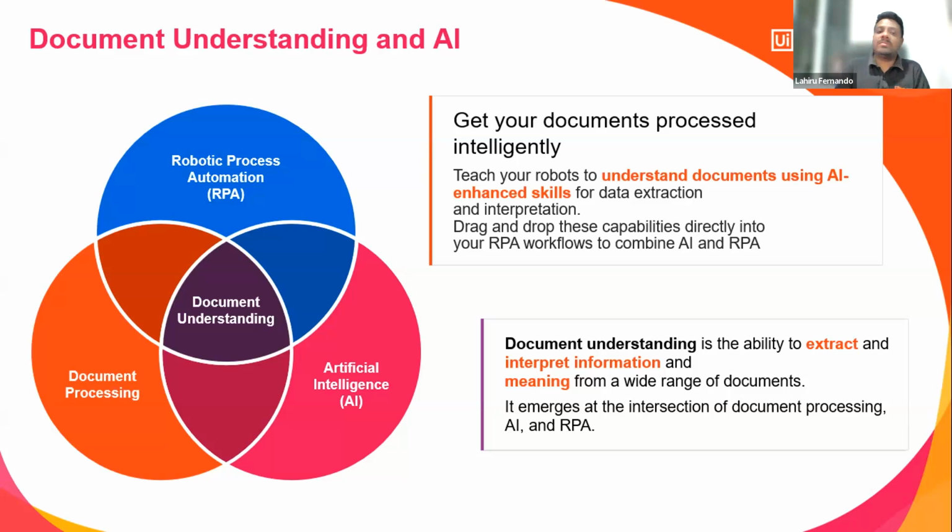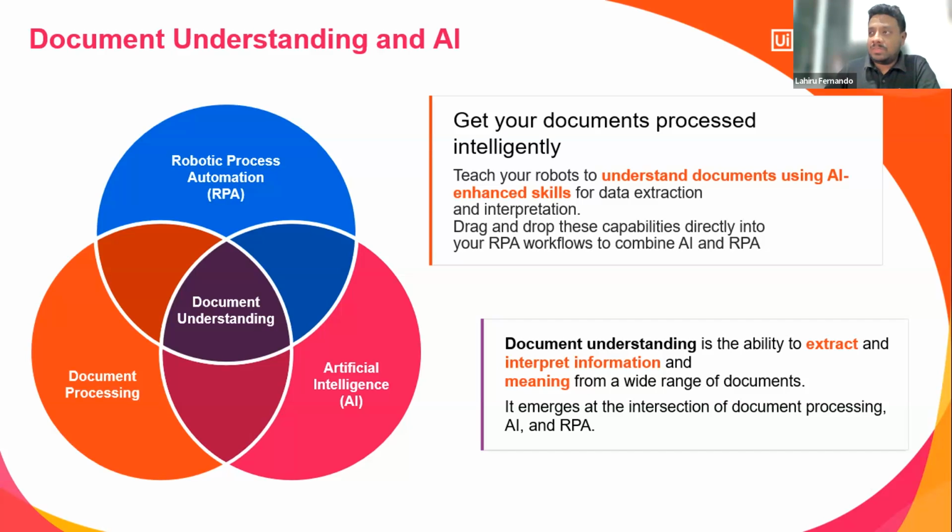So it's a combination of all these things where you can help tell the robots, or teach the robot, that these are the documents that we are going to process, and this is how you need to extract, classify, and do all those things. So mainly the role of AI when it comes to document processing is to understand the data, classify the information, and also extract meaningful information, and also try doing some conversions, like data transformations, for example.